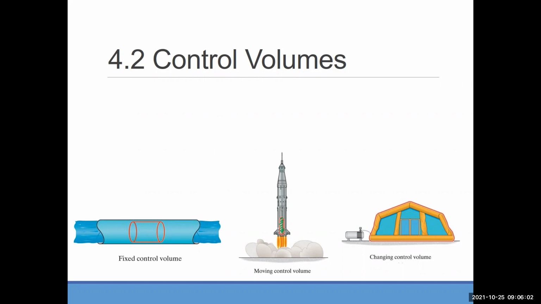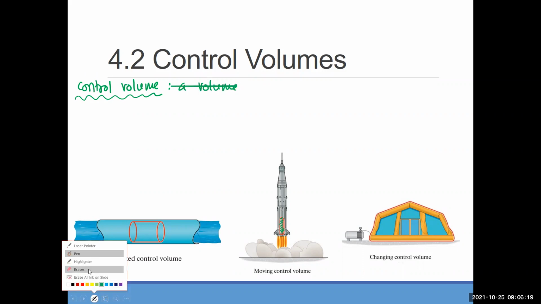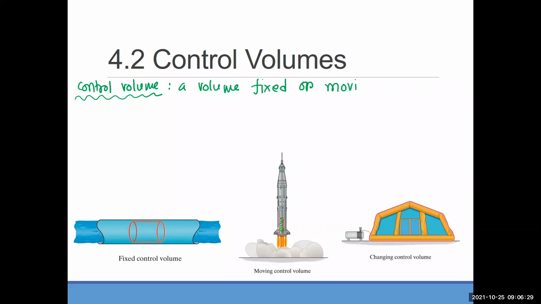So let's write down the definition of control volume. Control volume should be a volume, fixed or moving or changing, with a constant velocity.